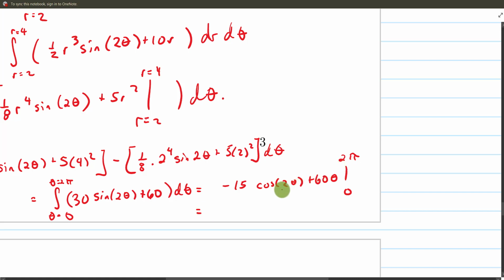If we plug in 2 pi for theta, that's 4 pi inside of the cosine. The cosine of 4 pi is 1, so that's a minus 15. And if we plug in 0, we would also get a minus 15, so we're subtracting that from the first, and those two cancel. And so we're really just left with 120 pi there.